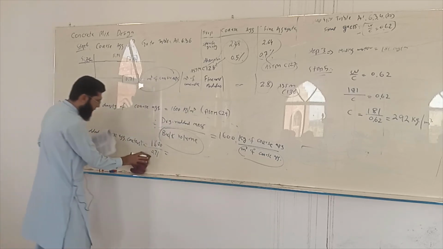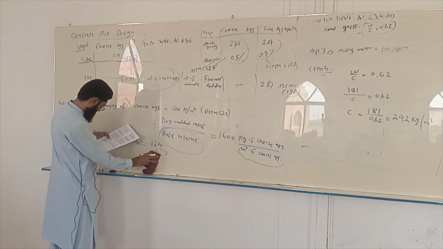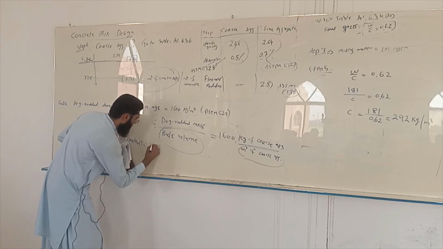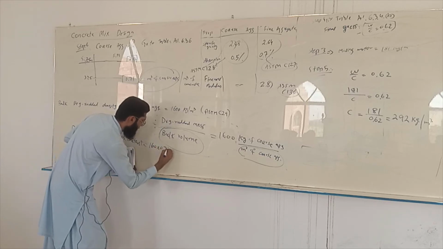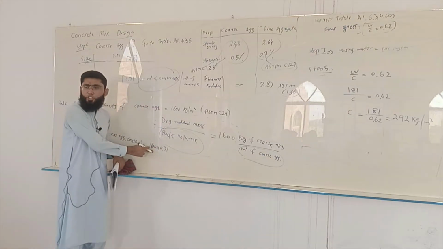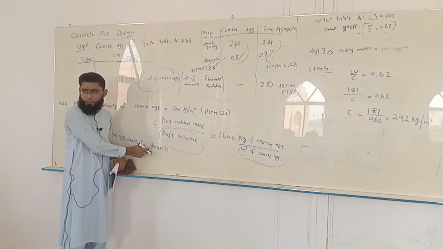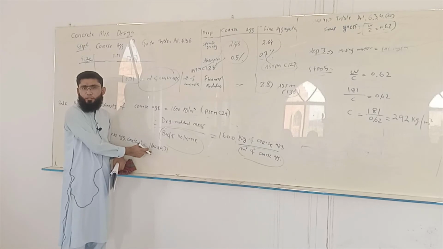Yes, multiply. That is 1600 times 0.71. So what is 1600? Kgs of coarse aggregate for every meter cube of coarse aggregate.